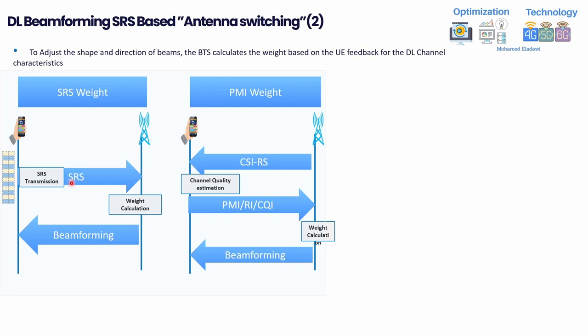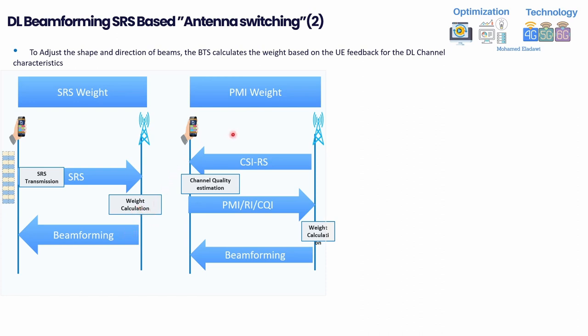This is the first point. Second point, SRS is transmitted through the full bandwidth, so the gNB can have precise feedback about the complete bandwidth, so it can give more accuracy for the downlink beamforming weight calculation and assignment.